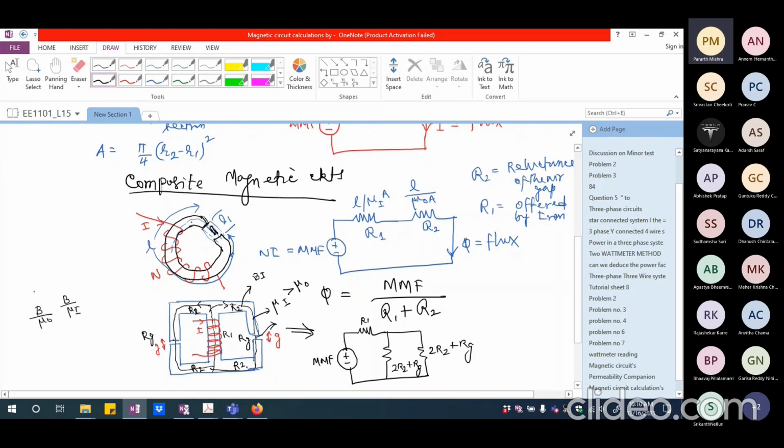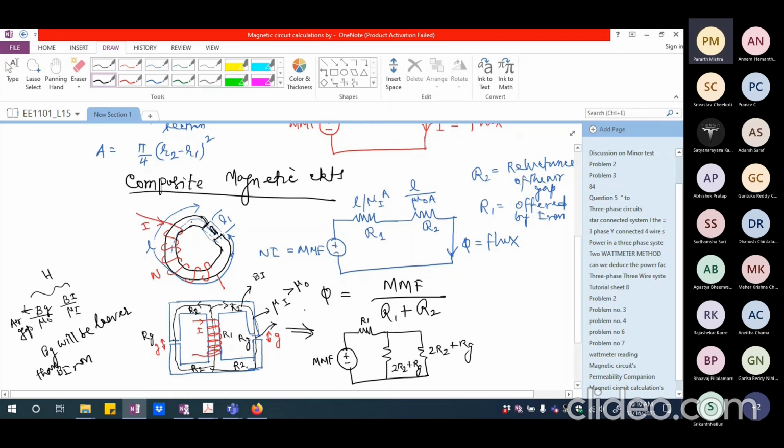So H is the same for both, so B obviously has to be much lower for the air gap. If I call this BG, BG will be much lower compared to B iron. B iron will be much higher.